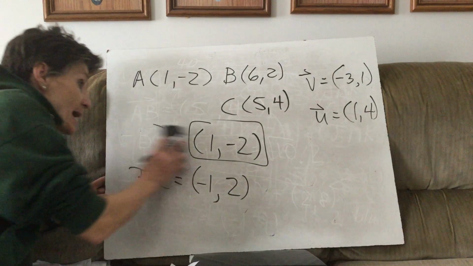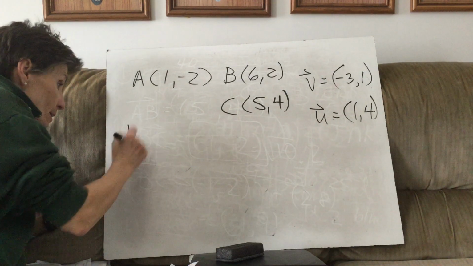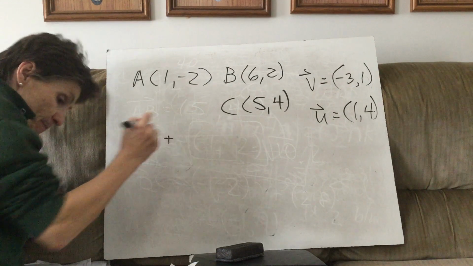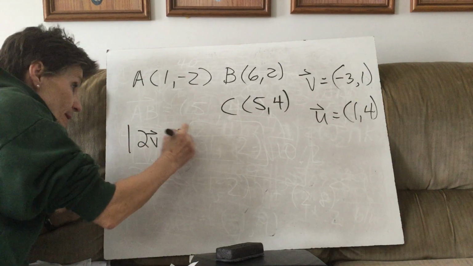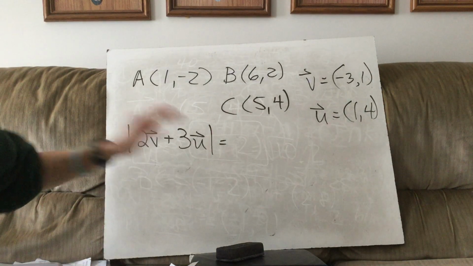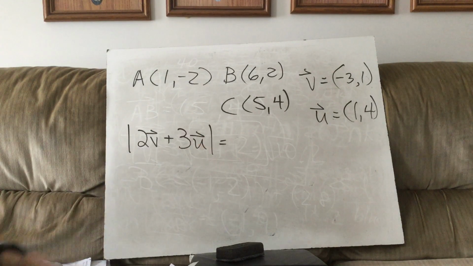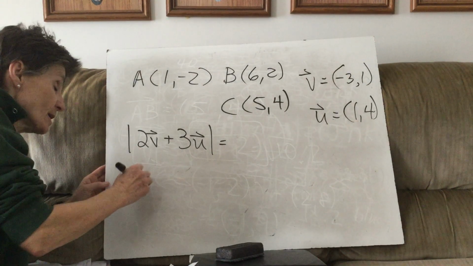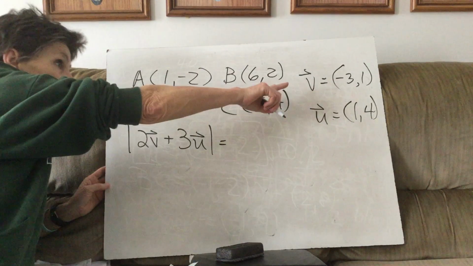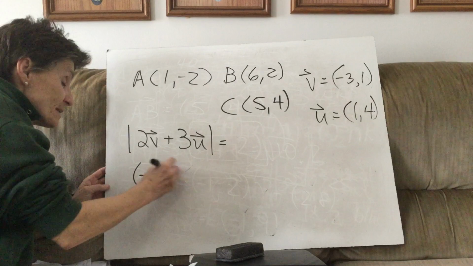All right, now we need to find the magnitude of 2V plus 3U. So remember, this means magnitude, but we're going to find this inside part first. So we're going to hang on to that magnitude, and we're going to do this part first. So 2V, there's V. So 2V would be negative 6, 2.